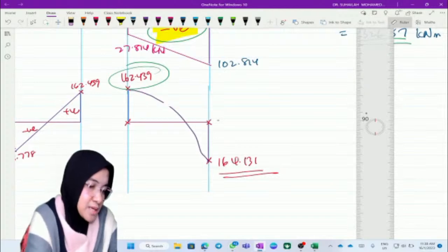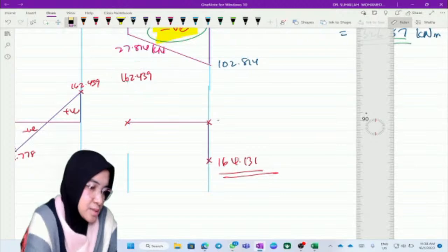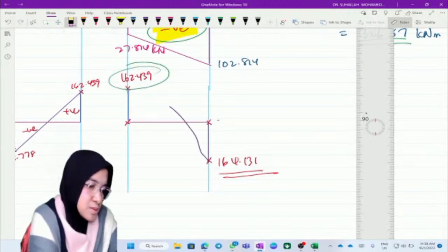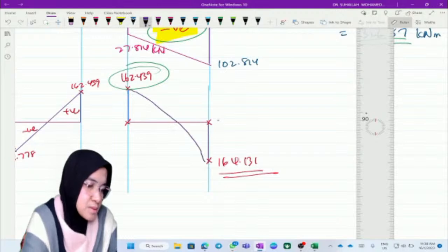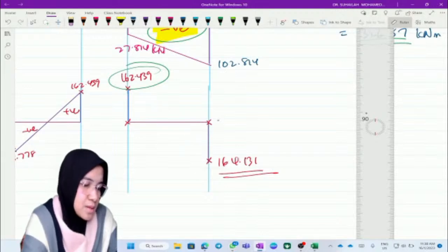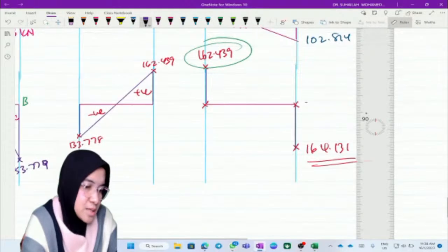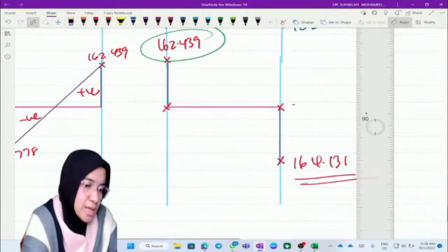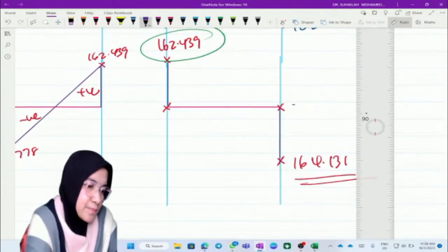Okay, again. Without maximum moment, we get like this. You just need to join these two dots.